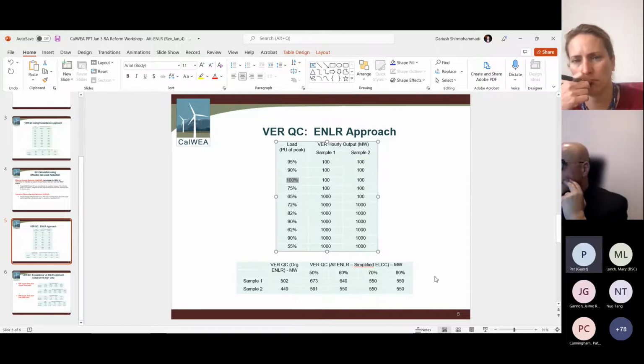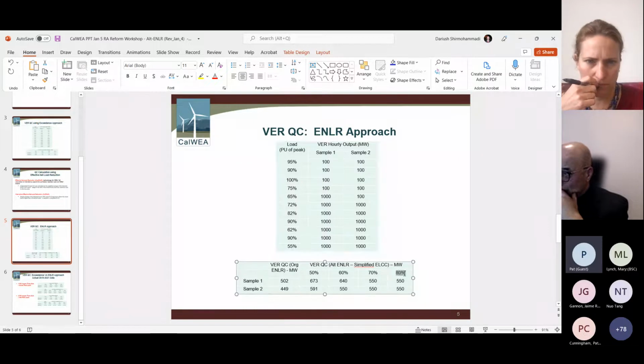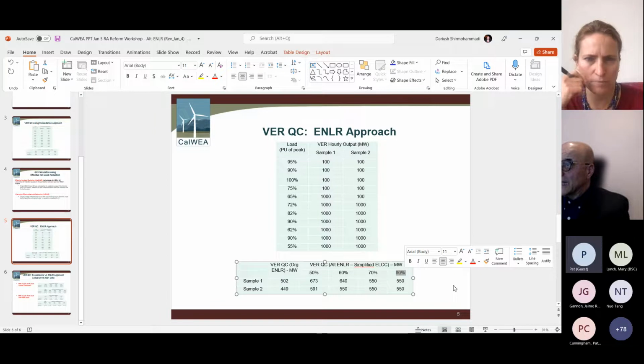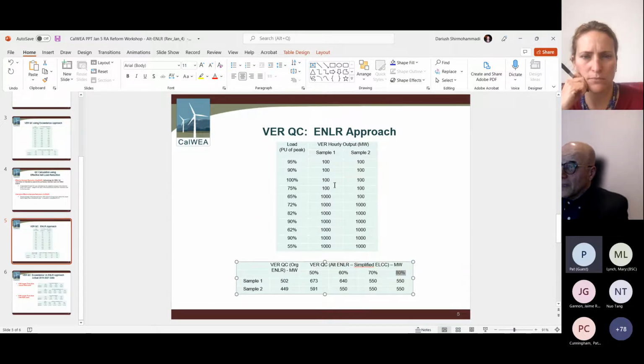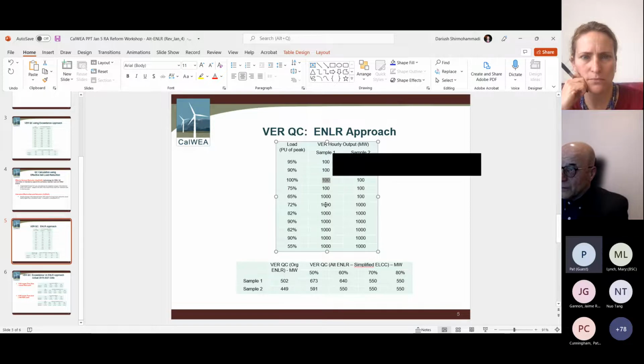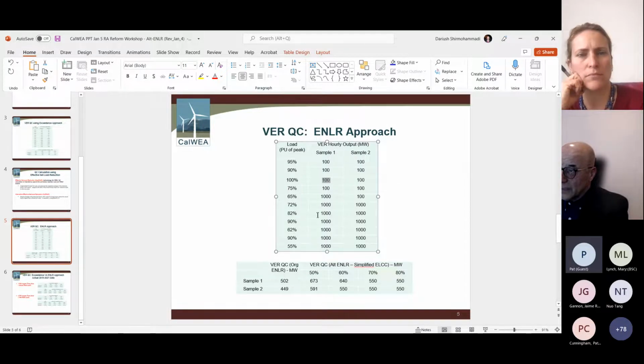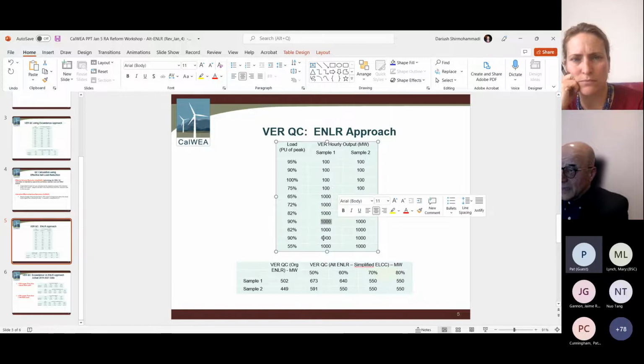Now, if I'm, for example, targeted sampling and my load threshold is 80%, then the only data samples I'm going to look for sample 1 are this one, because it's above 80%, this one, which is above 80%, this one. Then I won't do any of these. I'll do this one and this one.